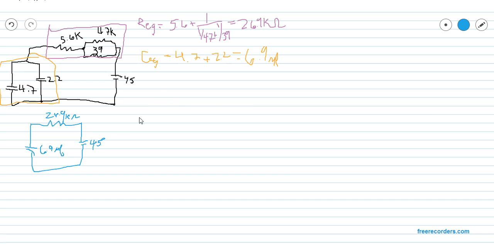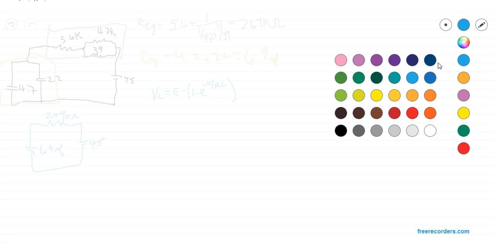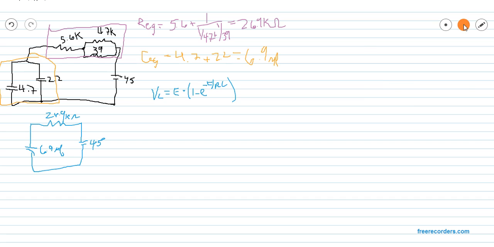Now, we know that the equation for voltage on a capacitor is VC equals your source voltage multiplied by 1 minus e to the power of negative t over RC. RC, if you'll remember from my previous video, is equal to tau, which is also known as a time constant.